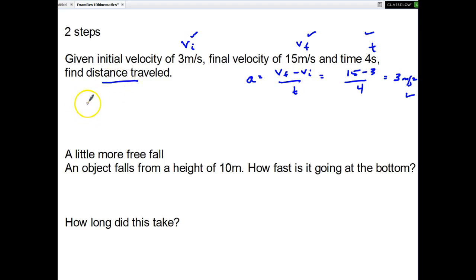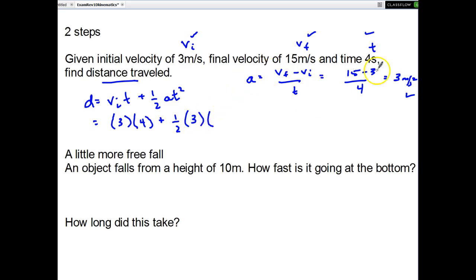Let's use d equals vi t plus 1/2 at squared. Our initial velocity is 3, our time is 4, plus 1/2 times our acceleration we found, which is 3, and our time is 4 again, and that gets squared.